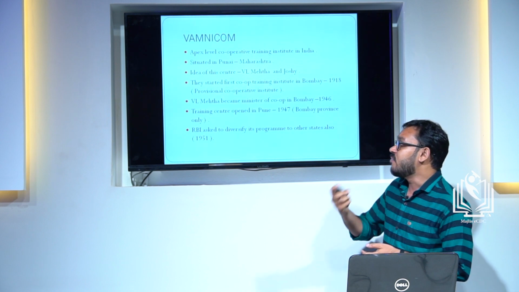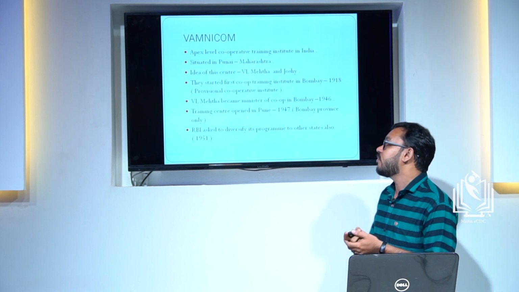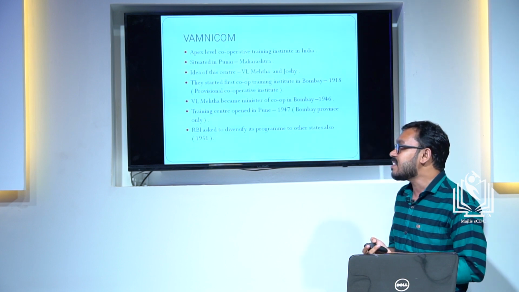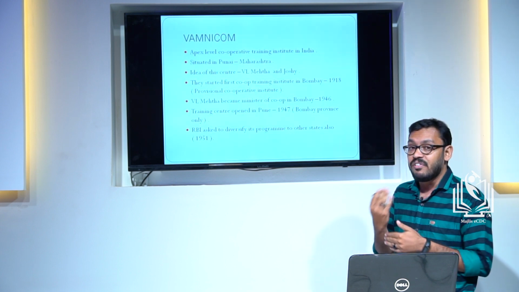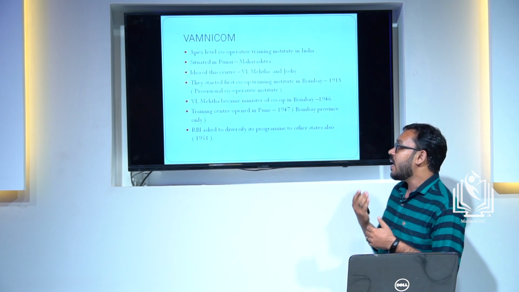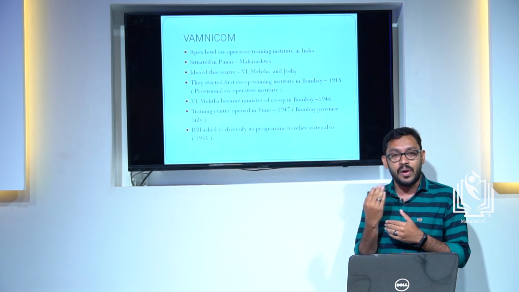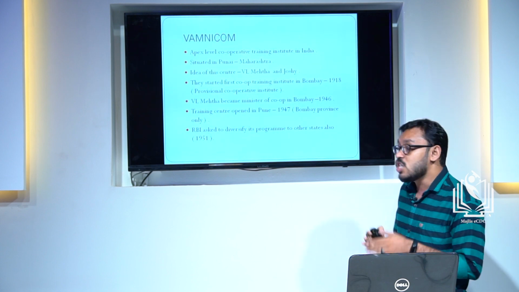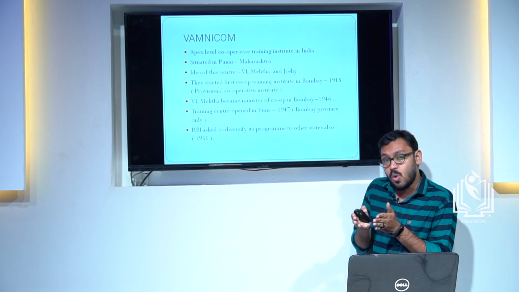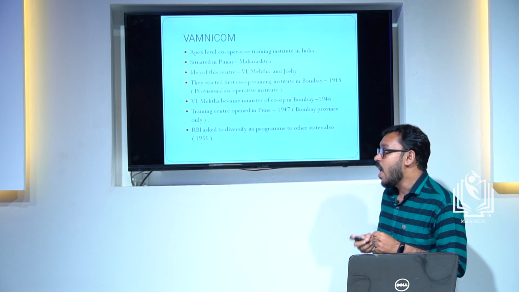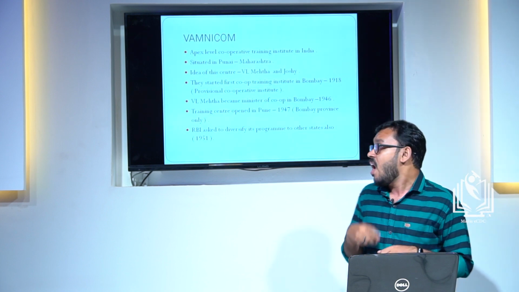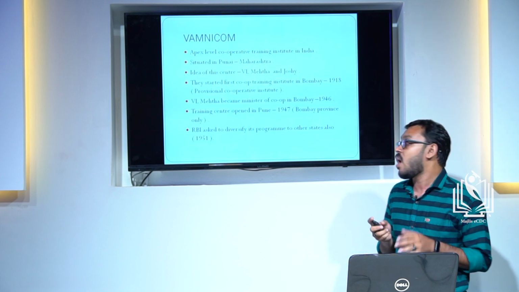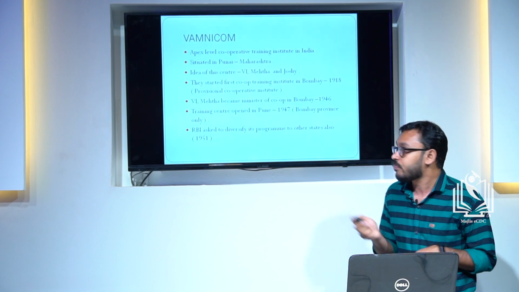After that, V.L. Mehta became the Minister of Cooperation in Bombay. It was in the year 1946, and through his effort and contribution, he started a training center in Pune in the year 1947, which was only for the Bombay province. And in the year 1951, RBI asked them to extend its program to the entire state also.